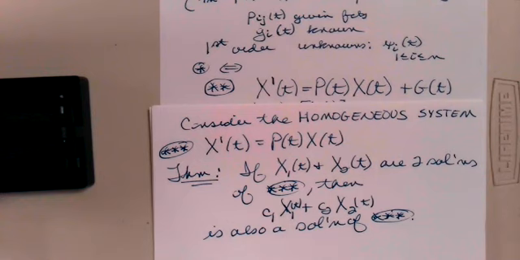In other words, in linear algebra terminology, a linear combination of two solutions is again a solution. That's called the principle of superposition, which we have seen before.